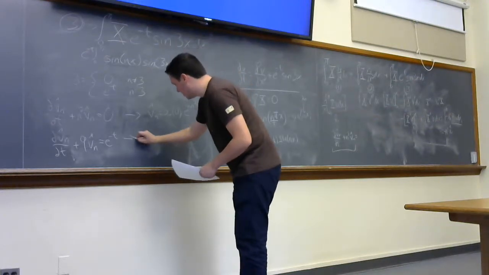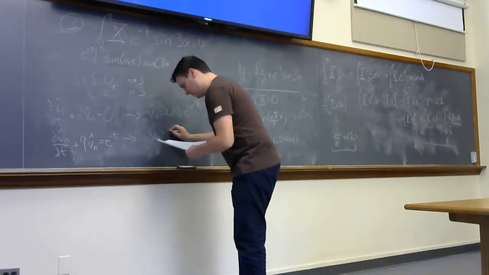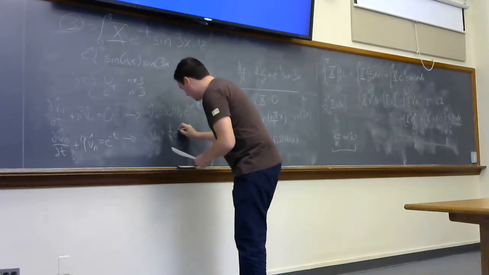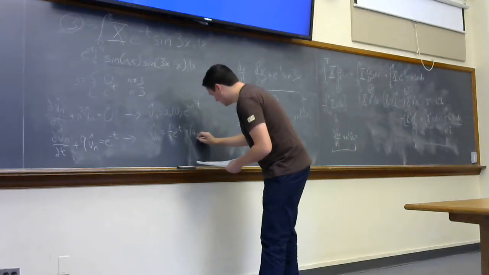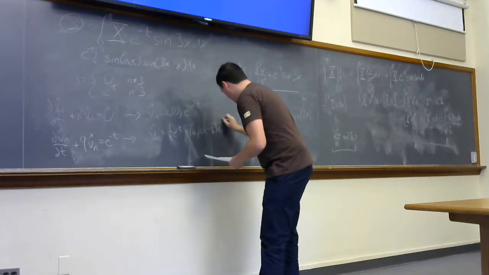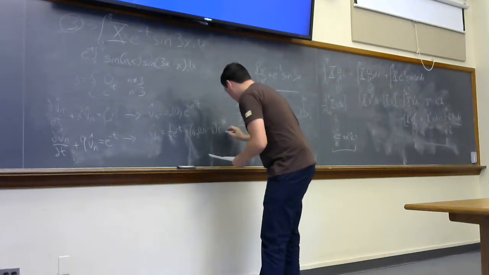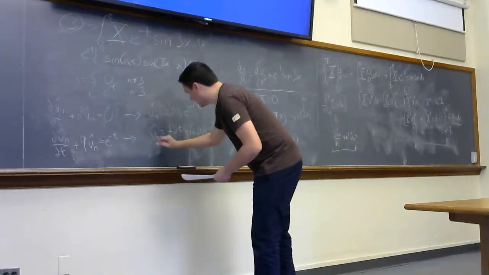And then for this one, we get something like, and I do not want to have to do these over again because it was a pain. So this is, I guess that's V3.